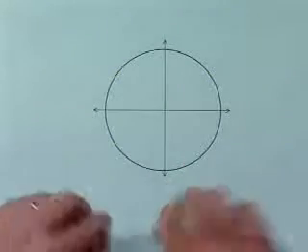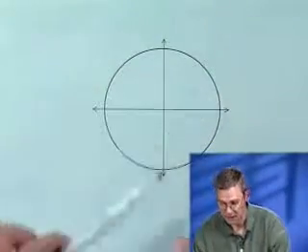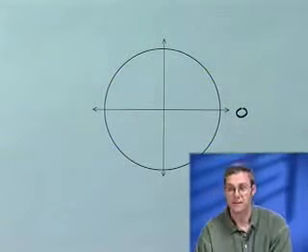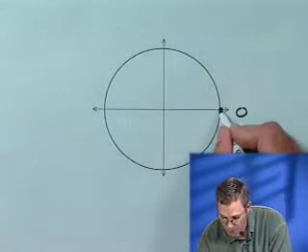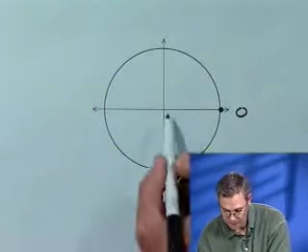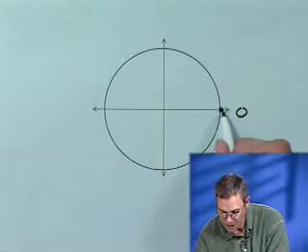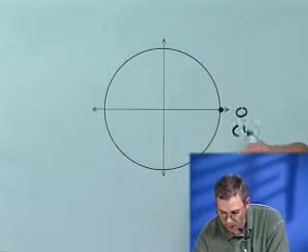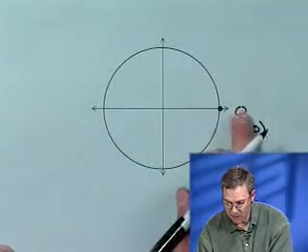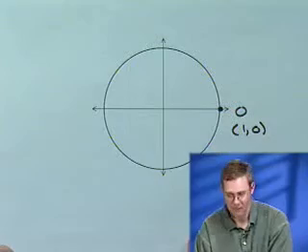We haven't started our rotation yet. There's no rotation. Okay? So this is an angle of 0 radians. Now, what is this point? That's what we have to figure out. Well, remember the unit circle has a radius of 1, so this is the point 1, 0. So with an angle of 0, the corresponding point on the unit circle is 1, 0.